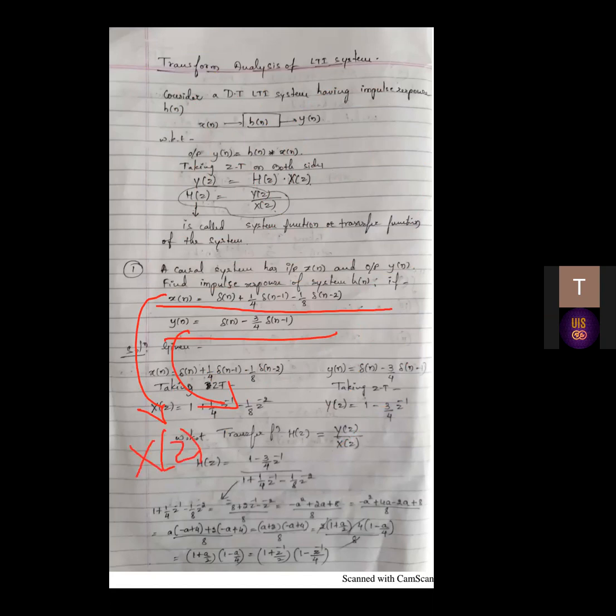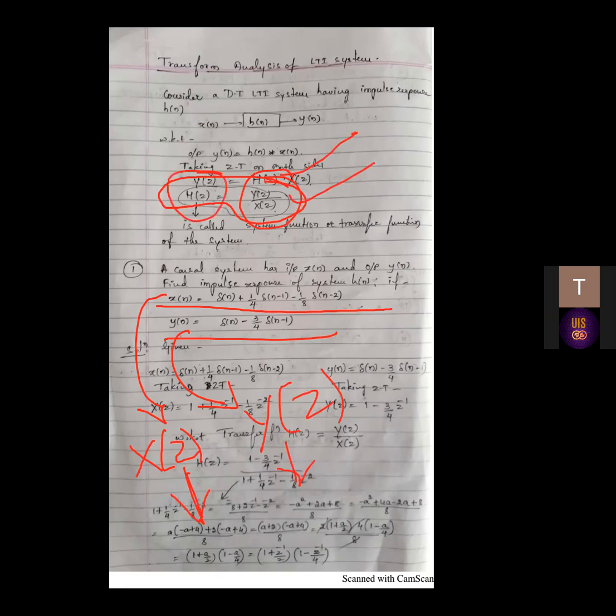Similarly, if I apply the z transform to y of n, I will get Y of z. So these two are known to us. According to transform analysis, we already know H of z is given by Y by X. We have got X and Y, take the ratio, and we will get H of z.